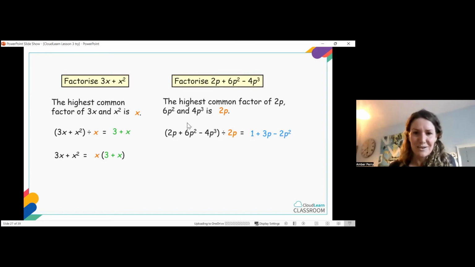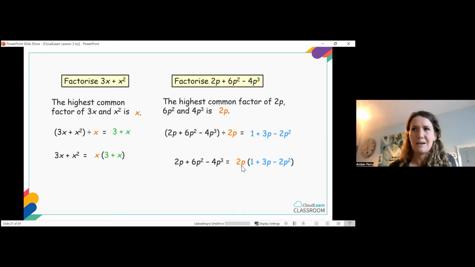Okay, so 6 divided by 2 is 3, and p squared divided by p is p. Minus 4 divided by 2 is minus 2. And p cubed divided by p is p squared. So just to break that down a little bit. That tells us that by factorizing, we've got 2p outside the brackets. That's our common factor. And inside the brackets, we've got 1 plus 3p minus 2p squared.